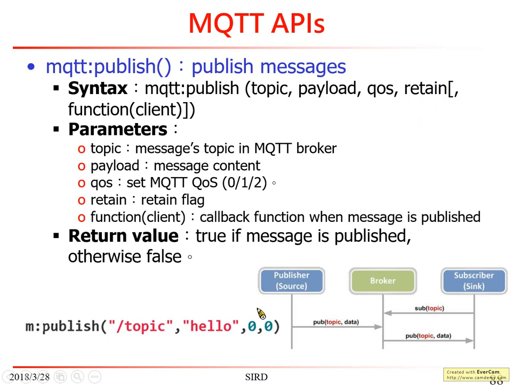And the retain flag is, unlike DDS, if I set the retain flag as true, then a publisher can keep publishing, and the broker will always keep the newest one.